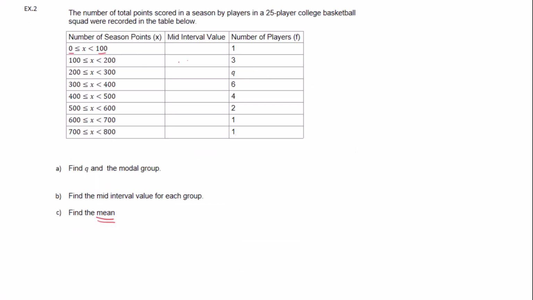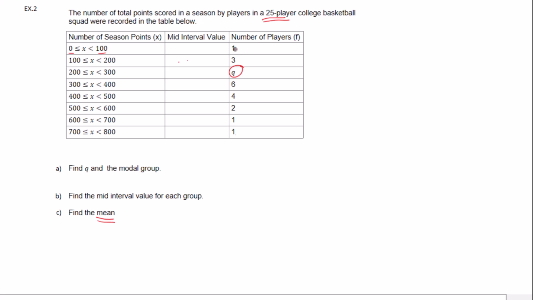Let's go to example 2. The number of total points scored in a season by players in a 25-player college basketball squad were recorded in the table below. A. Find q and the modal group. We saw the variable q here. According to the given information, altogether there are 25 players.